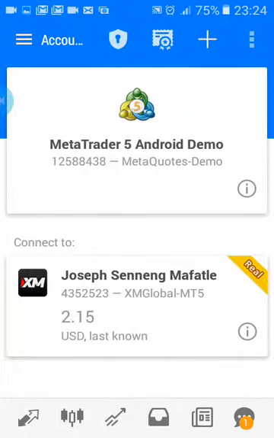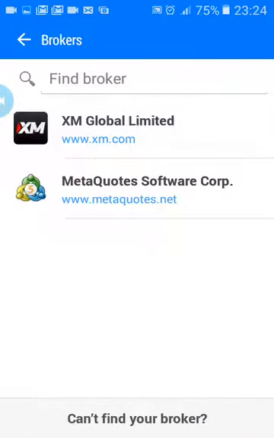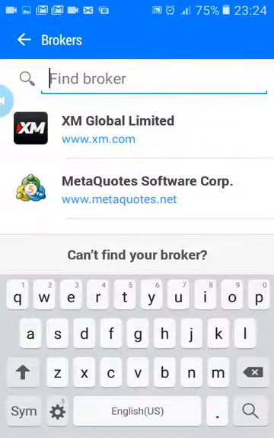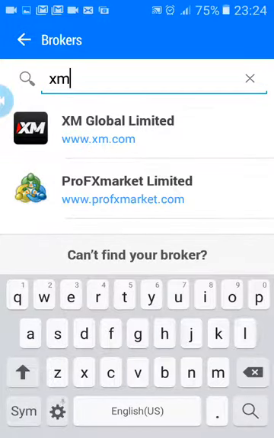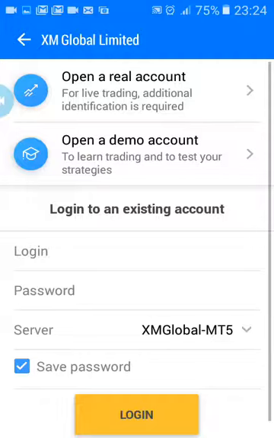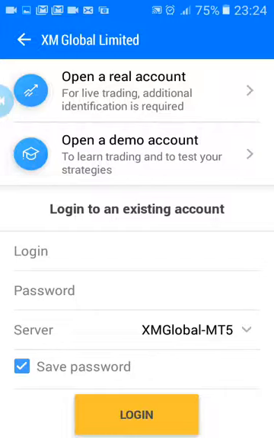You see this plus sign here, you press it, and then it will say find your broker. You will just type the name of your broker here, like mine is XM, and as you type XM, there's XM there, and then you press on XM, and then it will say open a real account or open a demo account, and it will give you login and password and server.